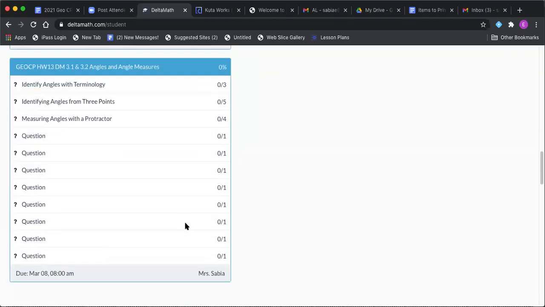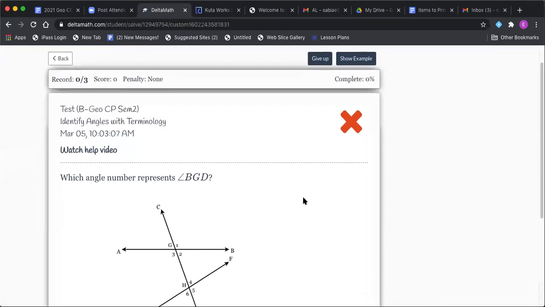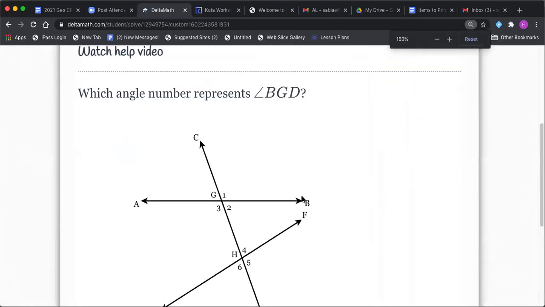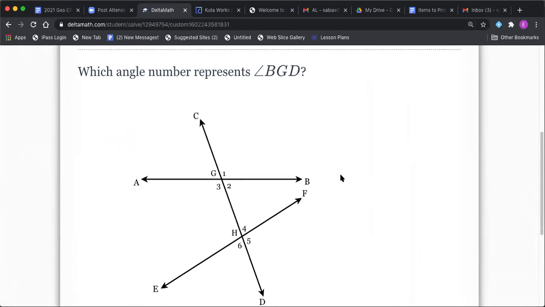Okay, so let me walk you through how this works. The first section, identify angles with terminology. So we're going to click, and I'm going to zoom in a bit. It's asking you which angle number represents angle BGD.